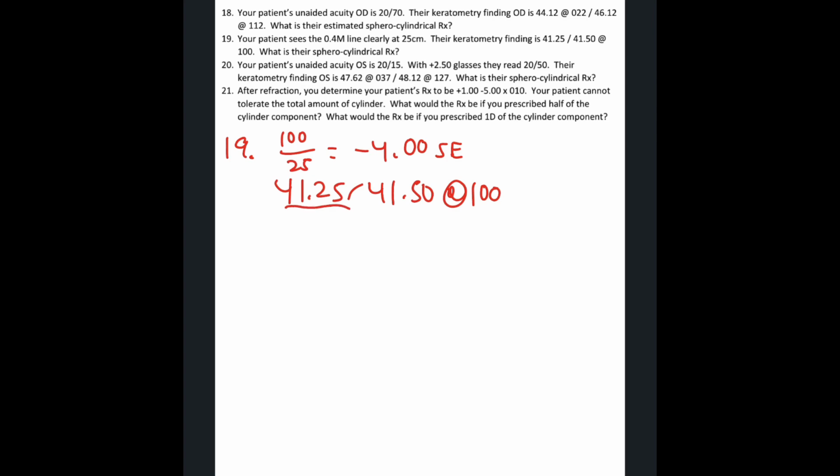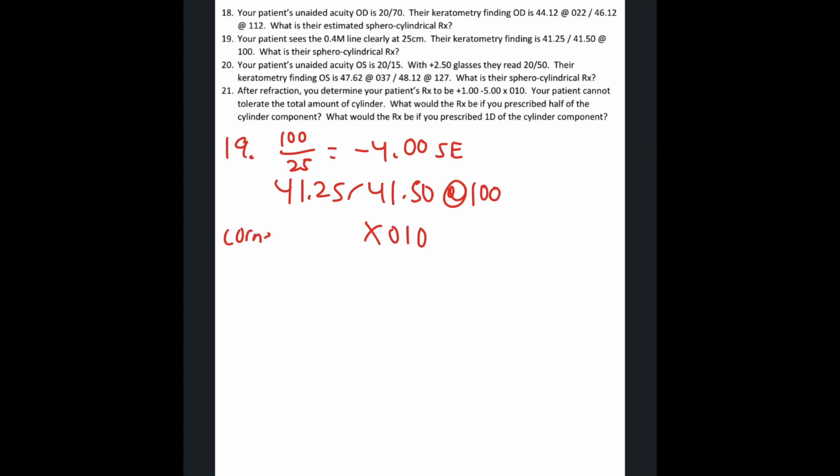So to find the axis of this number, we do 100 plus or minus 90. Since it's over 90, I'll subtract 90 and I get axis 10. So our axis is 10.